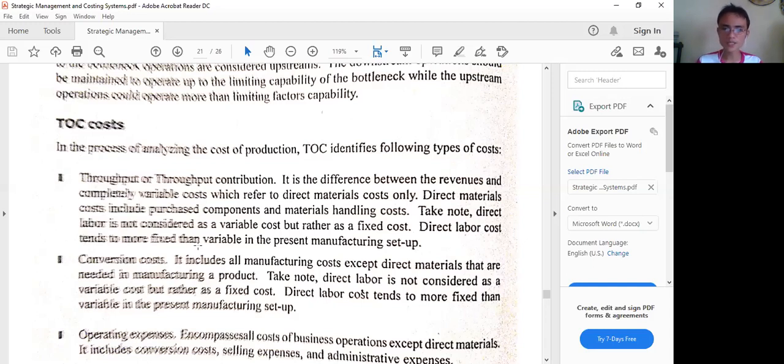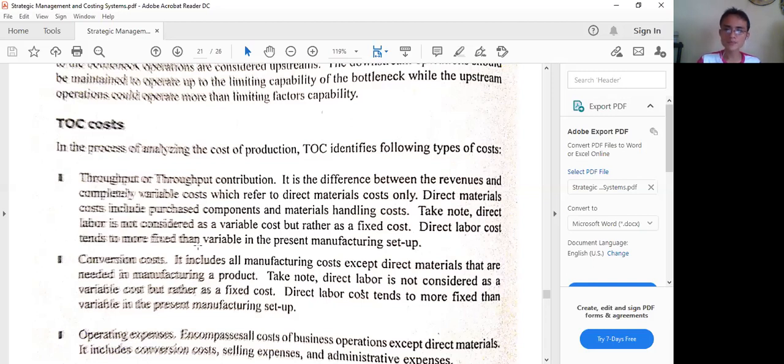So this is the reason that in this particular case, under throughput accounting and theory of constraints, the direct labor cost is considered fixed rather than variable, since it's leaning more on the factory overhead, and it is fixed because it supports the variability of the production or the manufacturing setup.